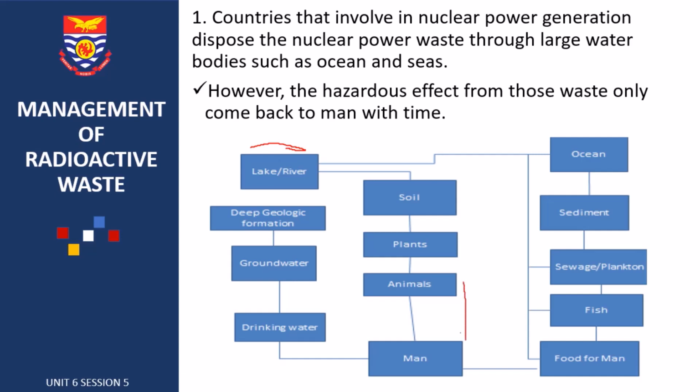Or when in the ocean, it will sediment, and after sedimenting, the planktons will take over. The planktons will be consumed by fishes, and then humans will also go in for the fish, thereby coming back to this radioactive waste.